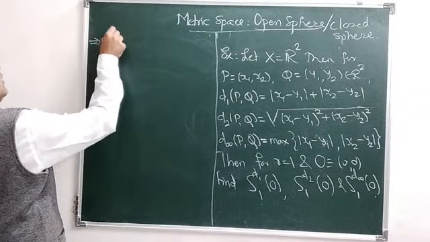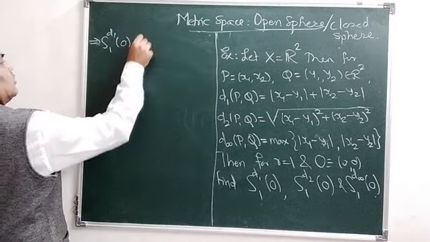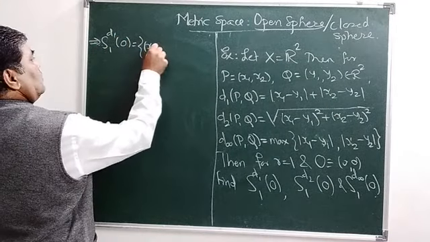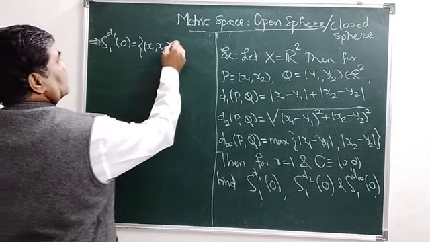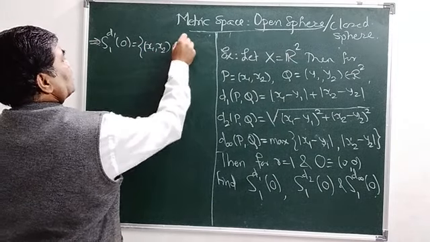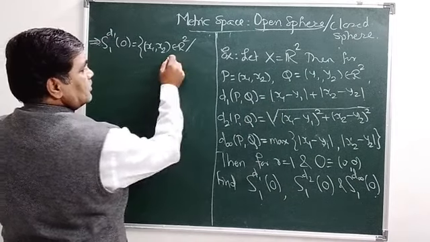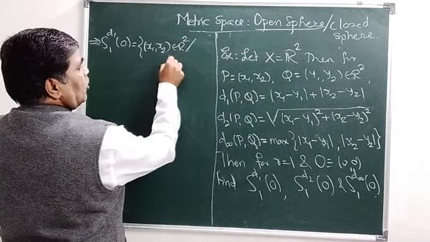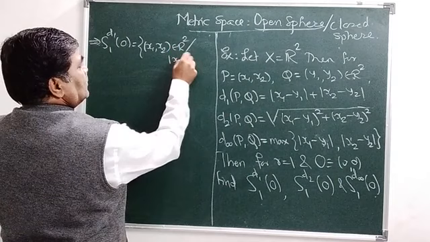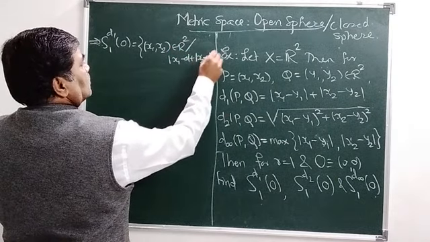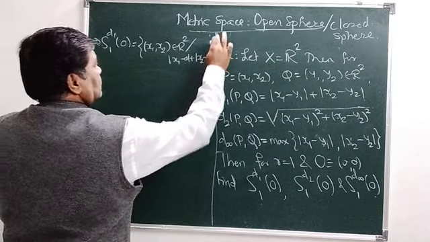So S_1(O) with d1 is equal to the set of (x1, x2) belonging to R2 such that, by using this formula, mod of x1 minus 0 plus mod of x2 minus 0 is less than 1.